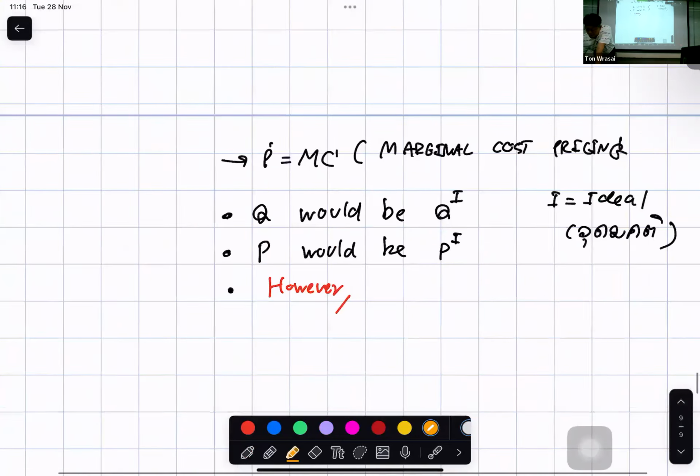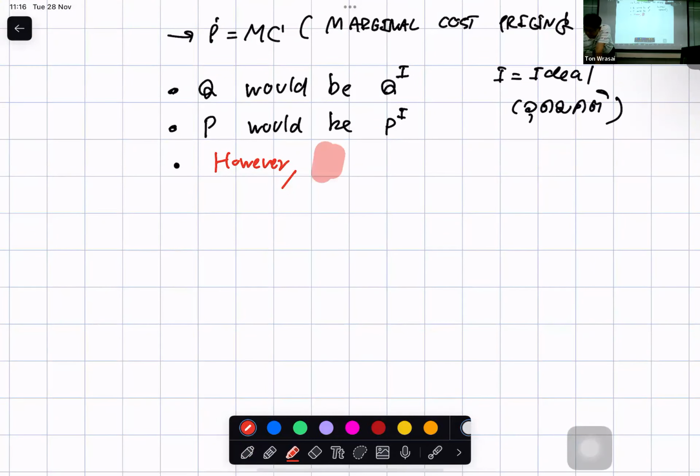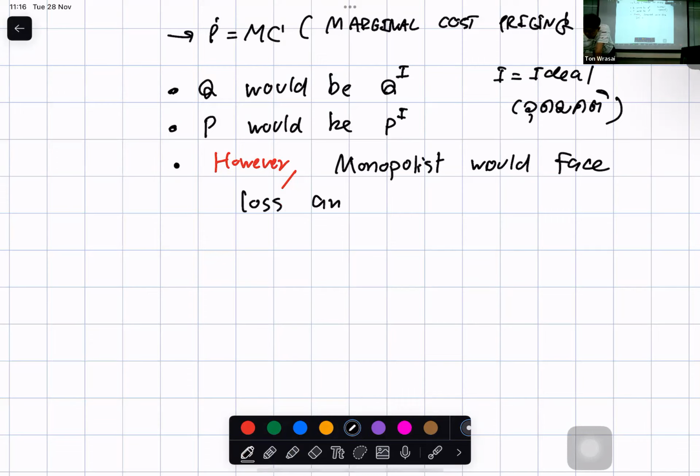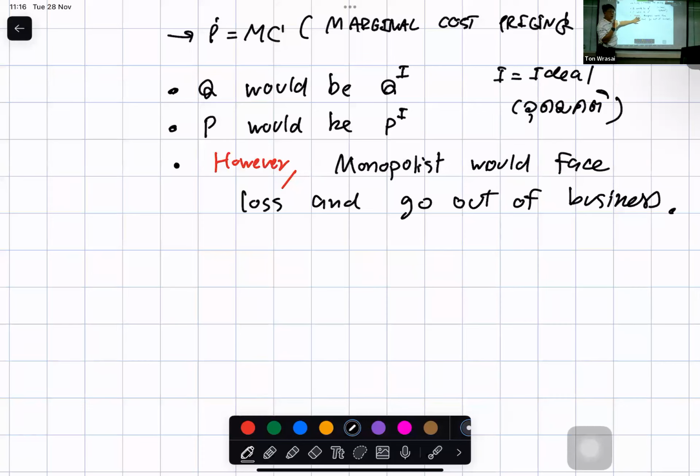So summary for this, however, monopolists would receive loss and go out of business.